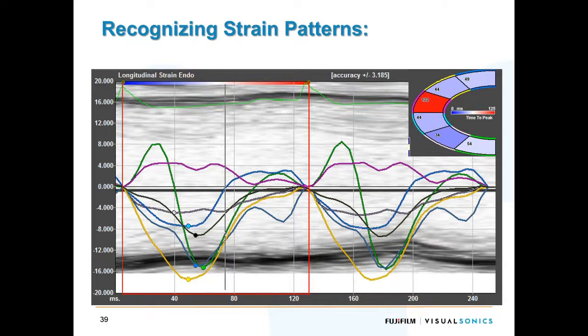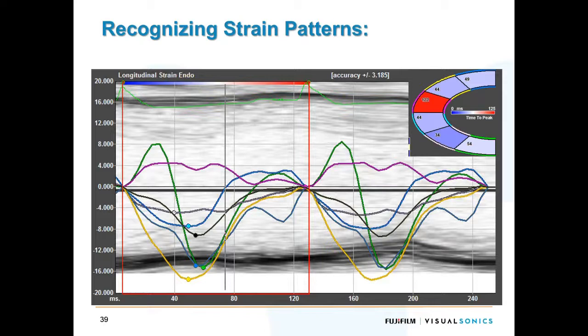It doesn't have to be strain, but it could be the radial velocity, longitudinal velocity. But looking at the segmental analysis and seeing what those absolute values are relative to where you expect your MI to be. Mm-hmm.